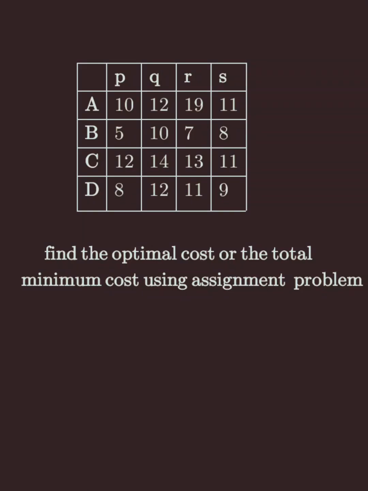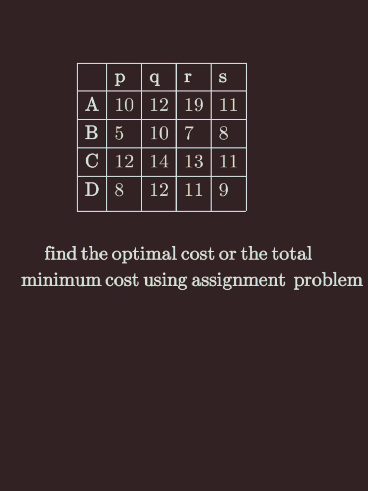All right, so guys, we have a question on assignment problem, and we are asked to find the optimal cost or the total minimum cost for this question.